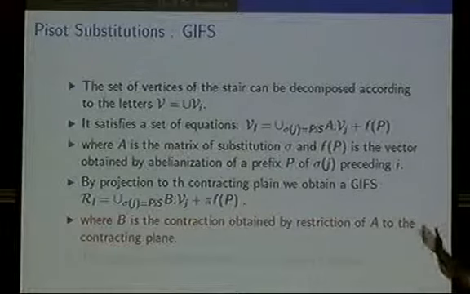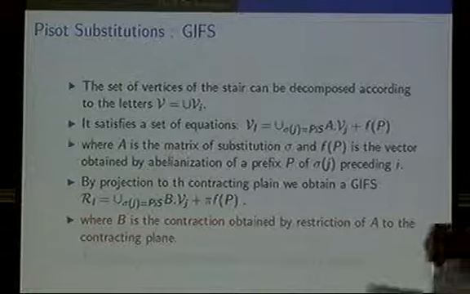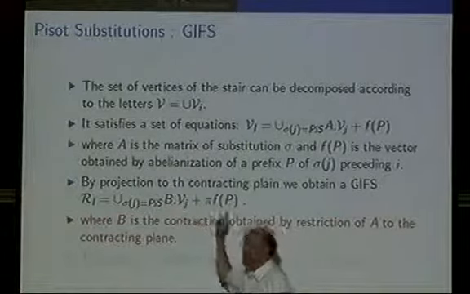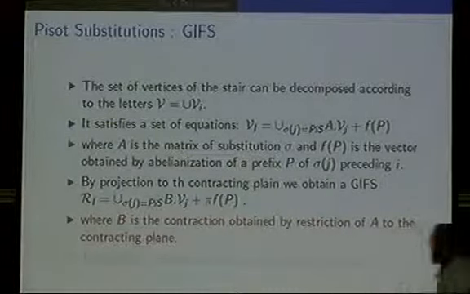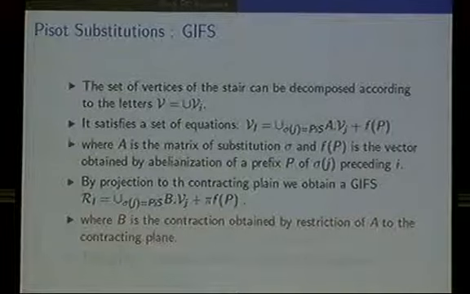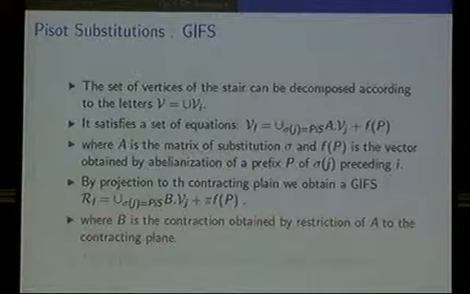You have some map which is acting on the compact sets of the plane by taking any family of compact sets and building a new family. This is a strict contraction, so there is a unique fixed point, and we recover in this way the Rauzy fractal.